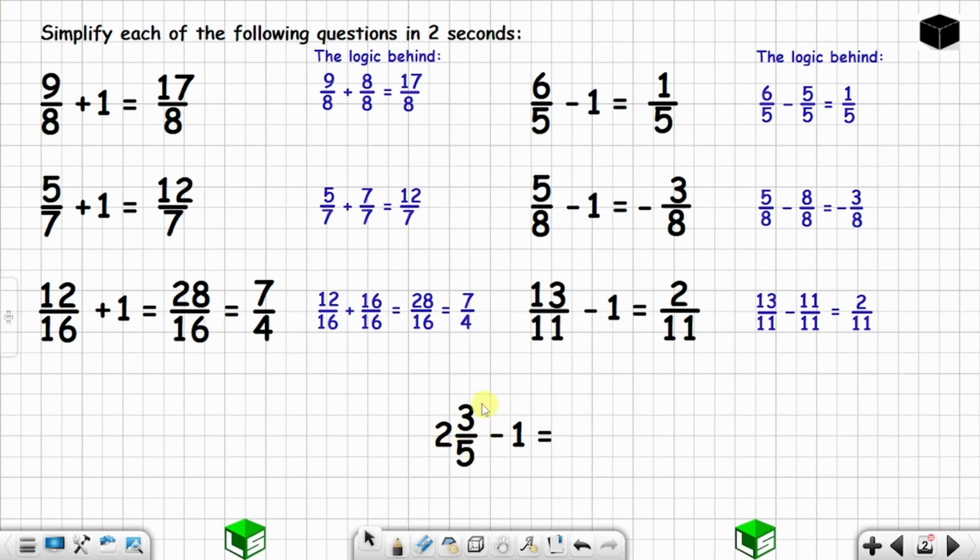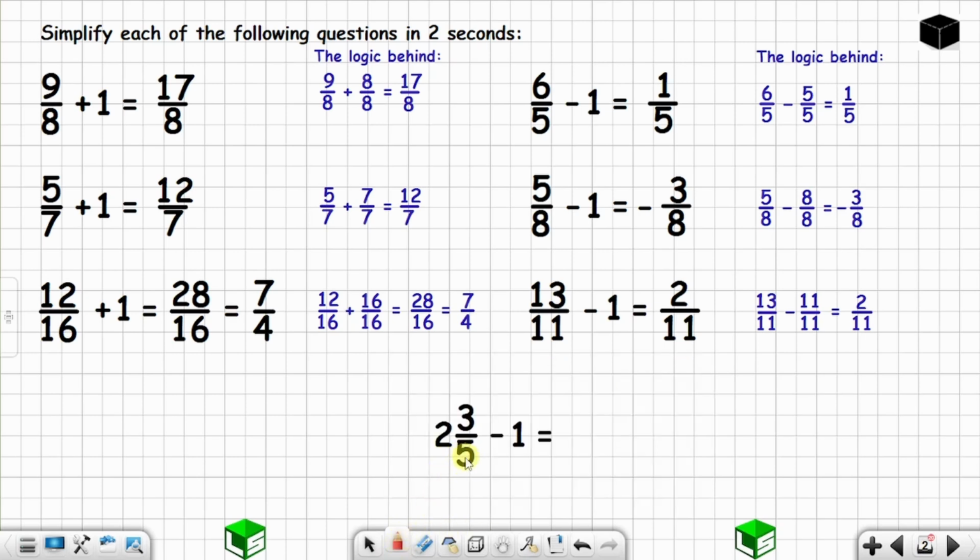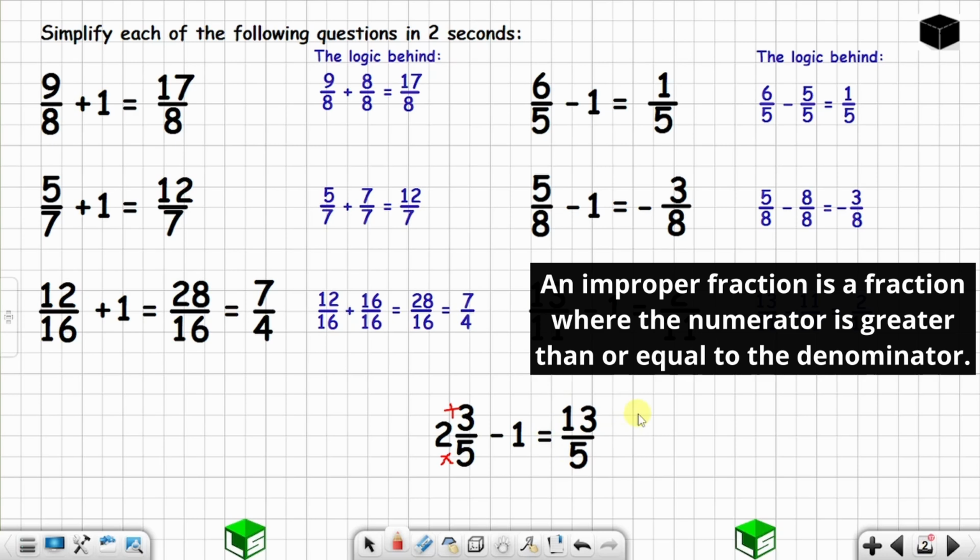The way to change it, you multiply 5 times 2, which is 10, plus 3, which is 13 over 5. This is an improper fraction, changed from a mixed fraction. Multiplication and then addition: 5 times 2 is 10, 10 plus 3 is 13 over 5.